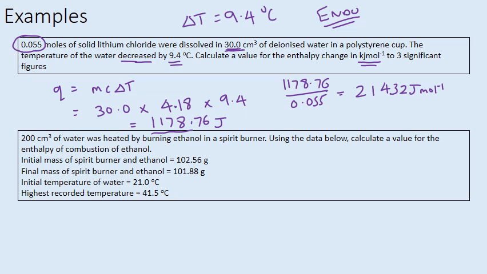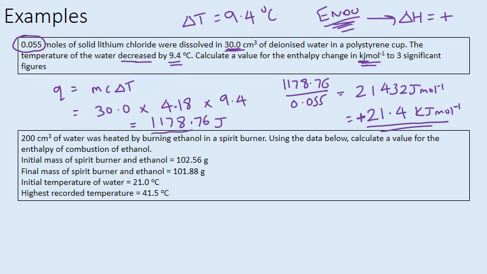I need to convert it to kilojoules per mole and 3 significant figures, so that comes out at 21.4 kilojoules per mole. That's my answer for the first one. I'm putting a plus sign here because it was endothermic. Endothermic means that the delta H is positive.